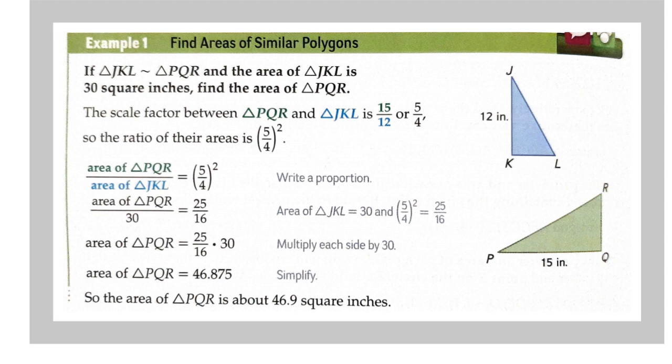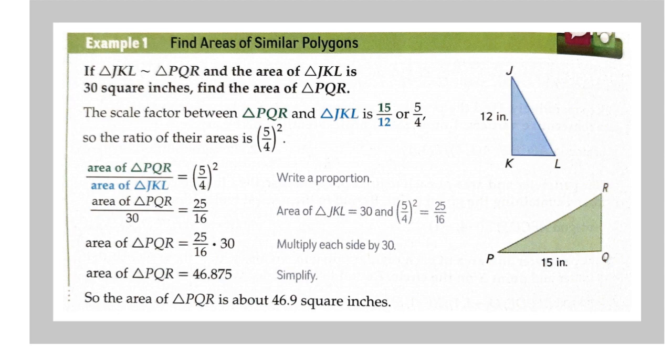Now if we write the proportion, we get the area of triangle PQR divided by the area of triangle JKL is equal to 5 over 4 squared. Since the area of triangle JKL is 30 square inches, and 5 over 4 squared is equal to 25 over 16, we can plug in these values. So we get the area of triangle PQR divided by 30 equal to 25 over 16.